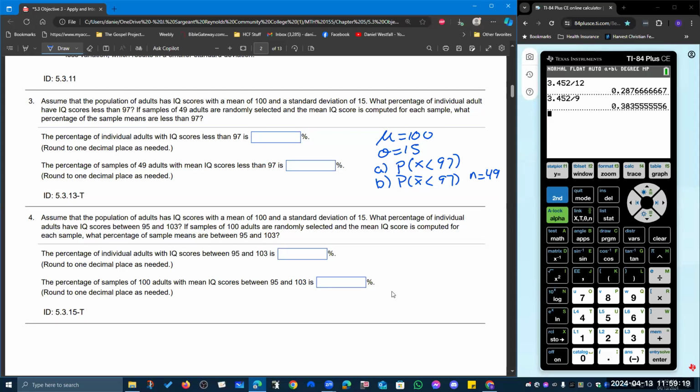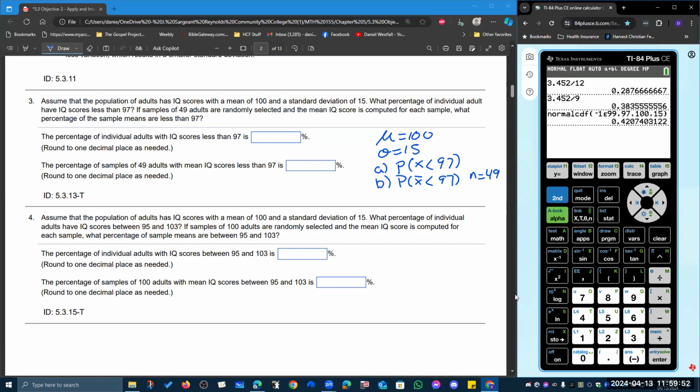So let's go ahead and answer that question. Go into the second distribution menu, use normal CDF. We're going to have a lower bound of negative infinity because we're going less than. Second EE, 99. Our upper bound is going to be 97, our mean is going to be 100, and our standard deviation is going to be 15.